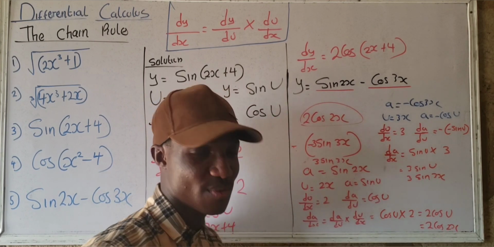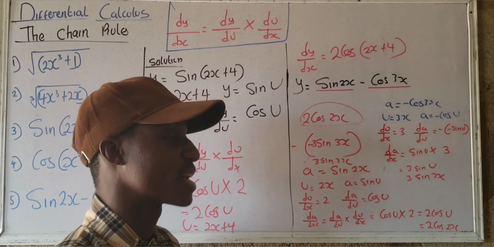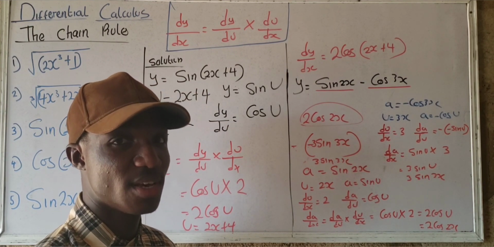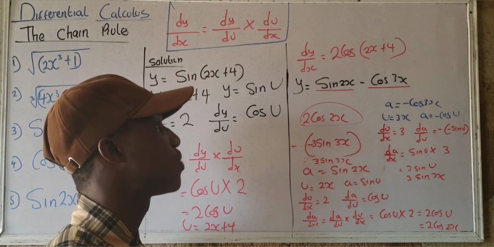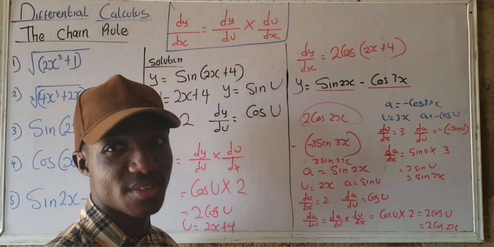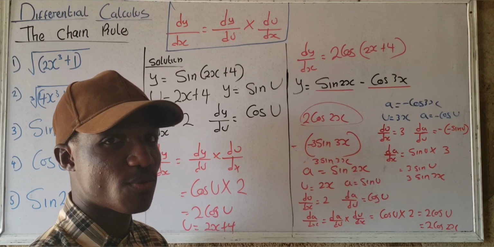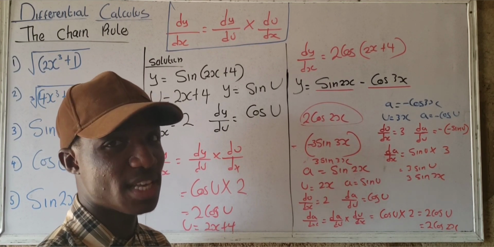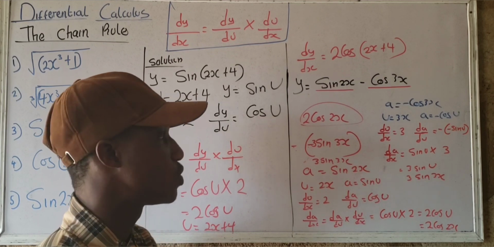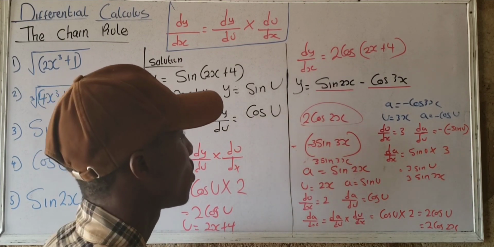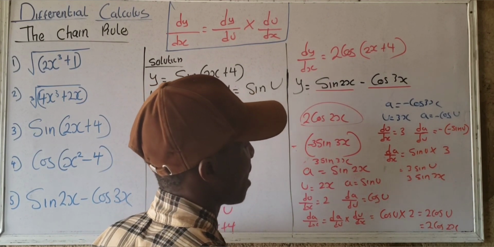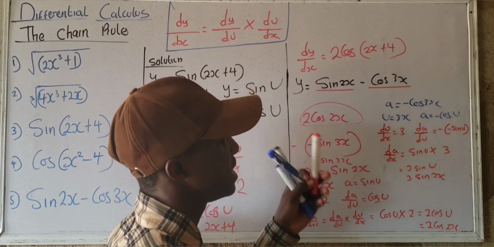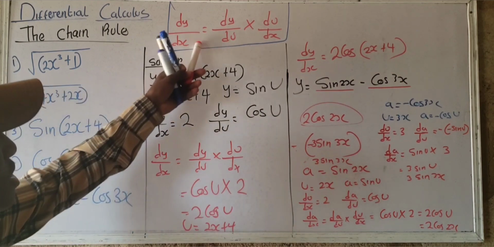Do you understand? I'm going to give you a formula that can help you to differentiate a function of a function within a short period of time, okay? All you have to do is pay attention, especially when you are dealing with functions that involve trig, like sine, cos, tan, sec, cosec, and others like that. I'm going to give you a formula that will help you differentiate it so fast. I'm very sure you understood what I did here. I just differentiated each of them individually using the chain rule formula.